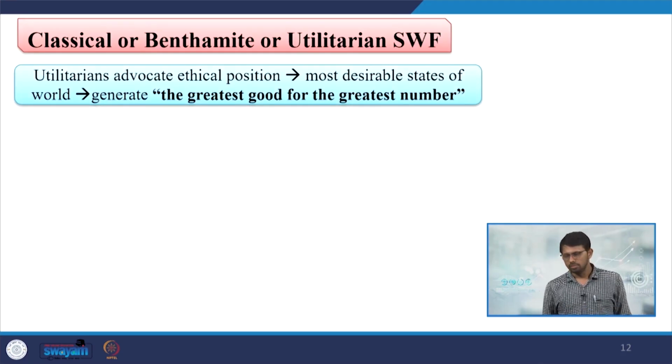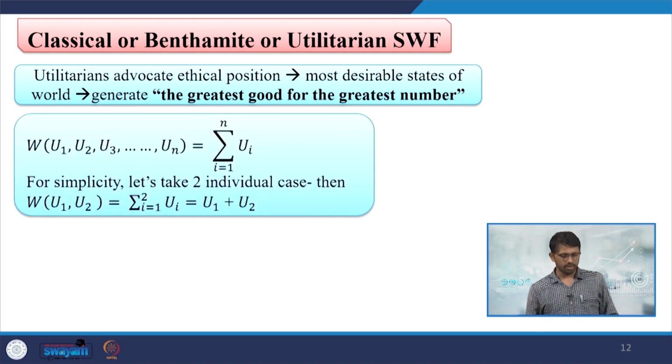Starting with the first, that is the Benthamite or utilitarian social welfare function. This advocates an ethical position, and the most desirable states of the world are those that generate the greatest good for the greatest number. Here we make the summation of the individual utilities without respective weights, and weights are considered to be similar across all the individual utilities.